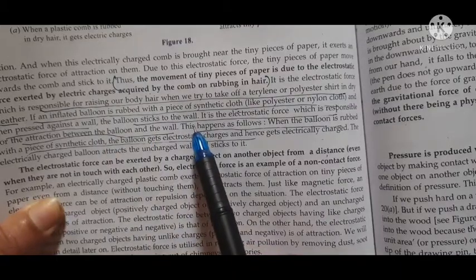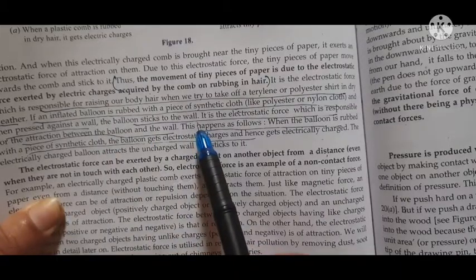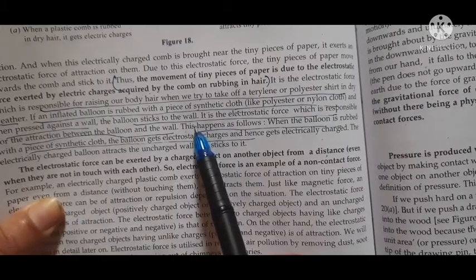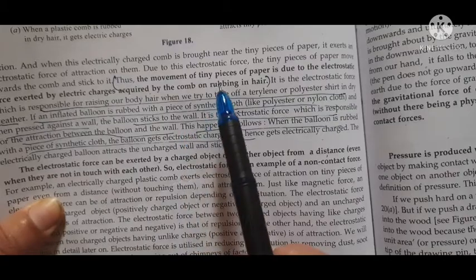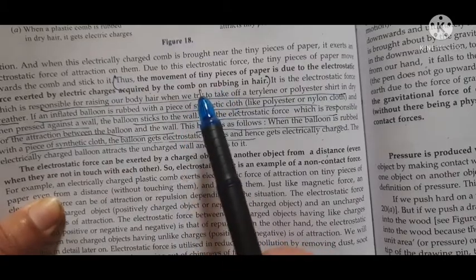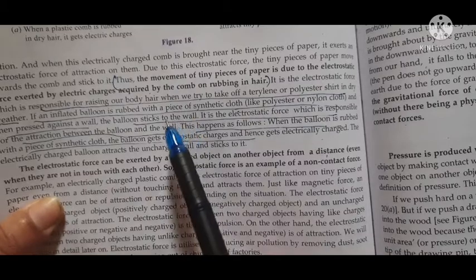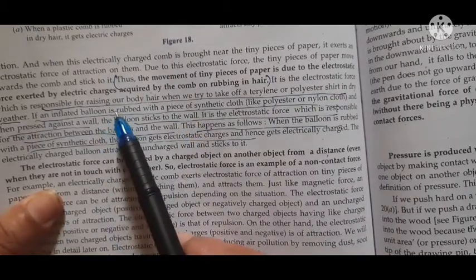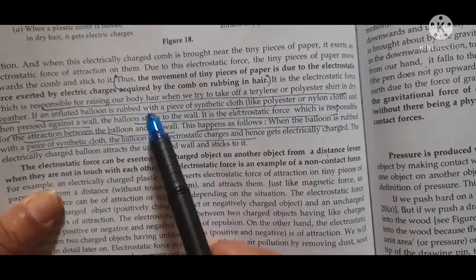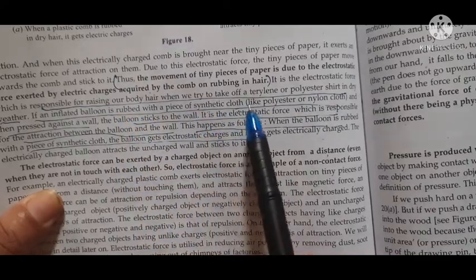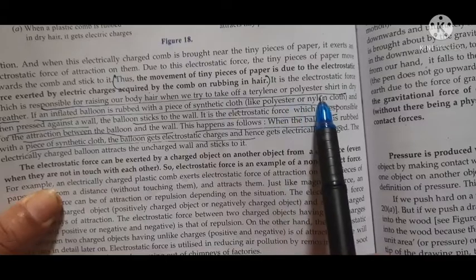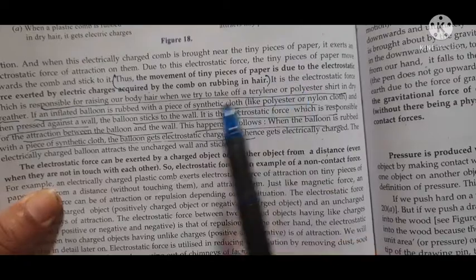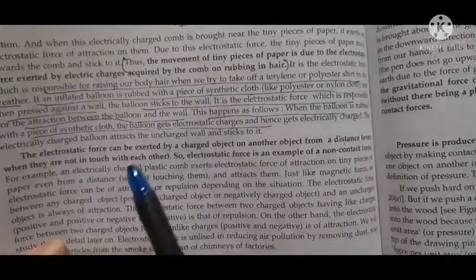On rubbing the balloon with the polyester cloth, the balloon becomes charged, and the wall is neutral, so the balloon clings to the wall. There is a force of attraction between the balloon and the wall. You must have also observed that sometimes the hairs on the body are raised when we take off a terylene or polyester shirt in dry weather. Why? Because of the charge only.